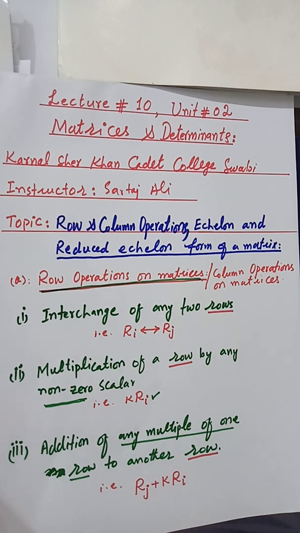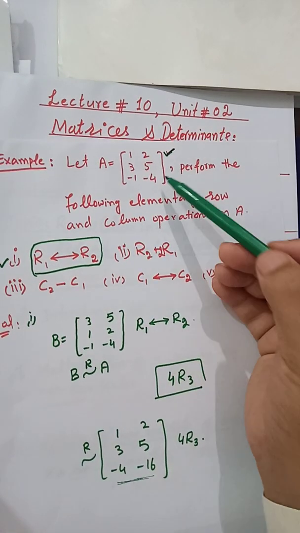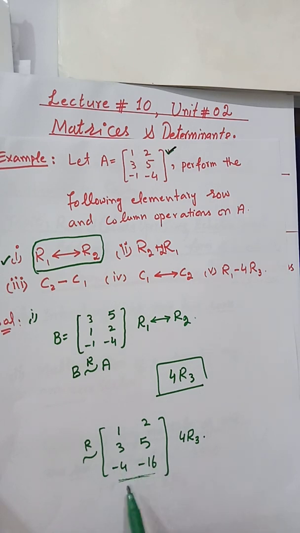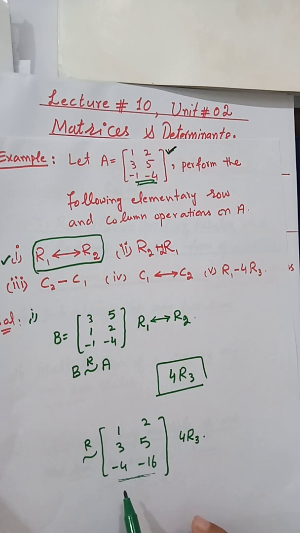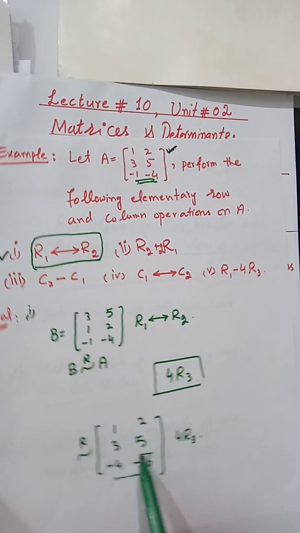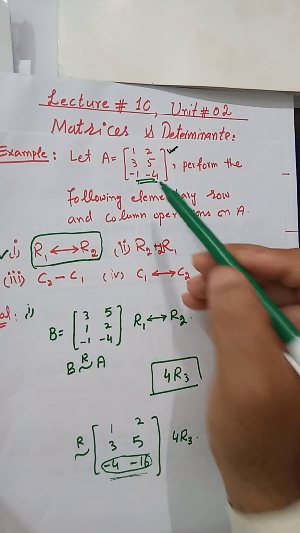You see that this third row in this equivalent matrix is actually a multiple of the original row, because this minus 4 can be written as the product of 4 and minus 1, and this minus 16 can be written as the product of minus 4 and 4.